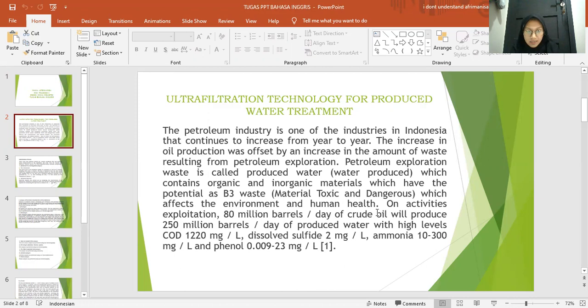In exploration activities, 80 million barrels per day of crude oil will produce 250 million barrels per day of produced water with a high level of COD, 1,220 milligrams per liter.